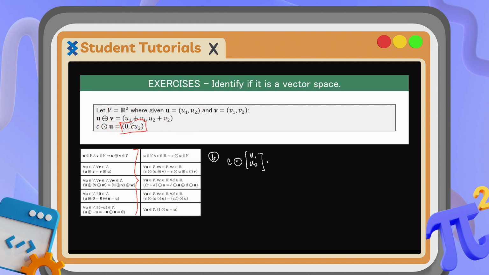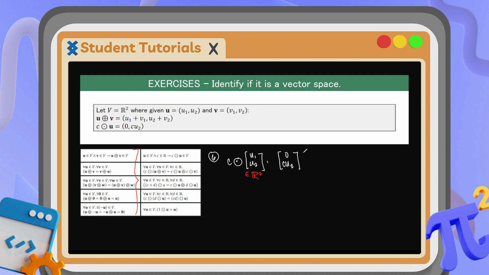So that gives us (0, c times u sub 2). And then again, we investigate the properties of each and every element in the vector. u sub 1 and u sub 2 are part of R2, meaning all elements are real numbers.